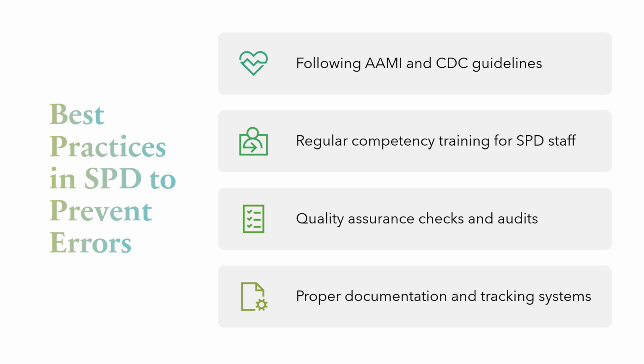This is a big important one, and most facilities will have regularly scheduled trainings for more up-to-date information as new medical devices come into a facility. The next are quality assurance checks and audits. That is a huge part of the sterile processing department. And again, proper documentation and tracking systems.